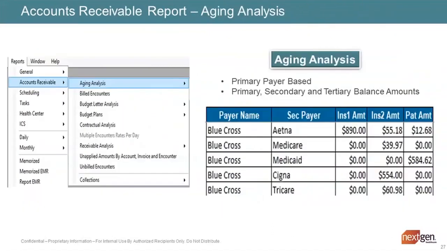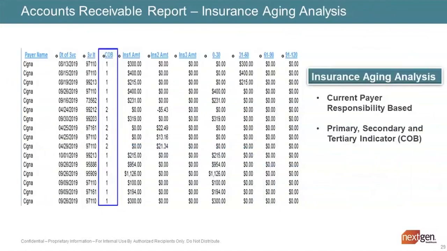So if I backtrack to the previous report, if I ran the insurance aging analysis, it would tell me $890 Blue Cross COB1, Aetna $55.18, COB2. This would say $39.97 Medicare COB2. It would have it singularly lined. That's what the difference is. It just gives it to you in a different perspective.